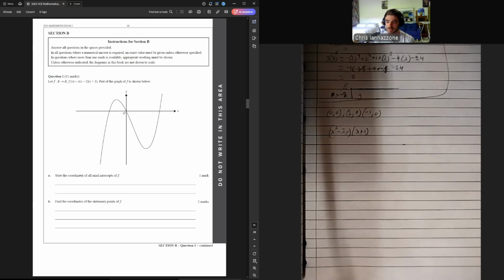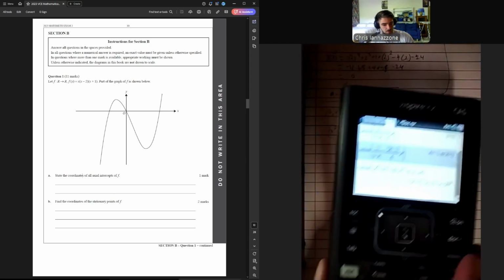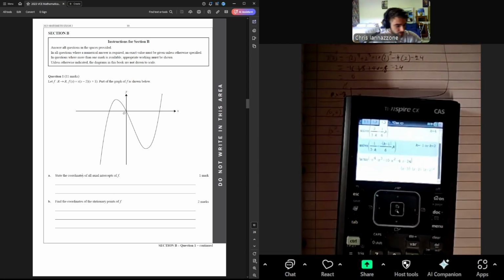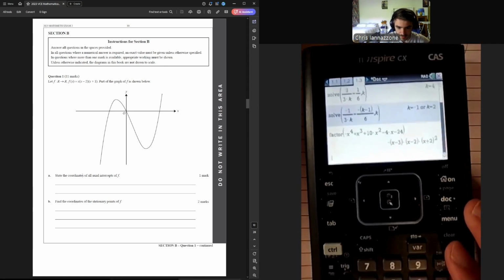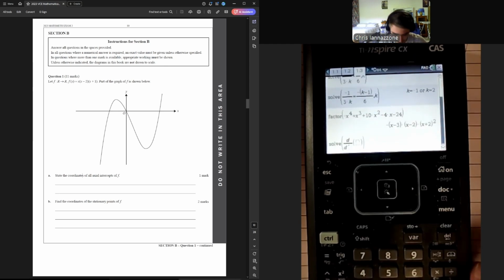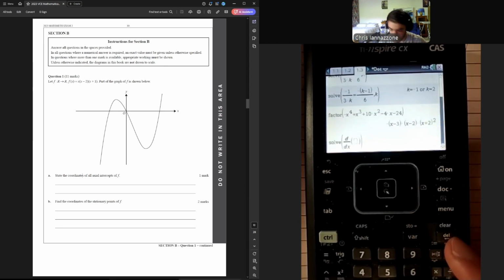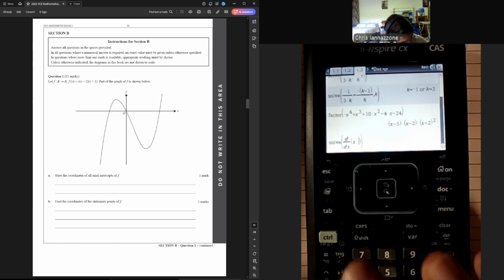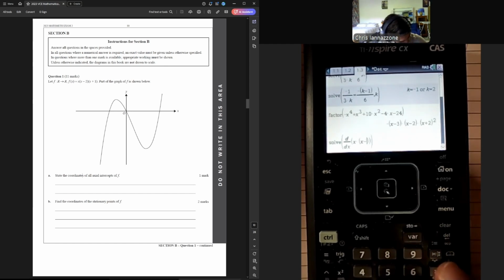Okay, on to 1b now, which is finding the coordinates of the stationary points instead. So, only real difference here is that we're taking a derivative approach. Basically, we're going to do our derivative and then set that equal to 0, and that's going to find all the stationary points of our function. Reminder, this is tech active, so we can use our CAS for that. So if we go menu 3, 1 for solve, shift minus to get the derivative up, d/dx of x times bracket x take 2 times bracket x plus 1.